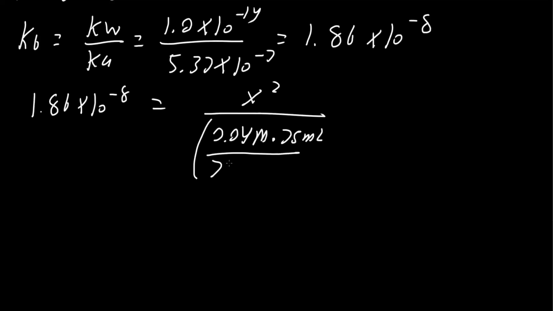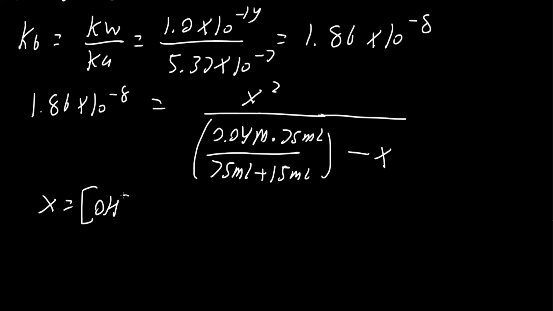So initially we had 75 mils, but now we want at the equivalence point, so we're adding 15 milliliters of NaOH, so plus 15 mils, close parentheses, minus x, and now we solve for x. X will equal OH minus.